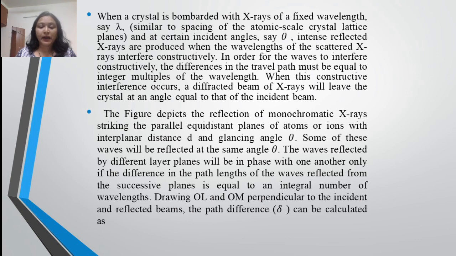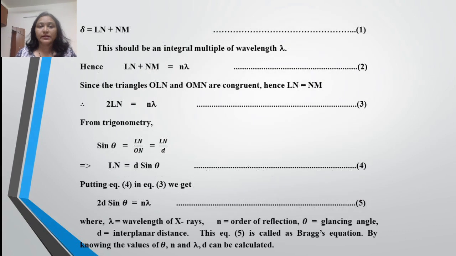Therefore, the path difference between the two rays, delta, will be equal to LN plus NM, and this should be an integral multiple of the wavelength lambda, that is LN plus NM is equal to n lambda. Since the two triangles OLN and OMN are congruent, LN is equal to NM, and 2 LN is equal to n lambda.